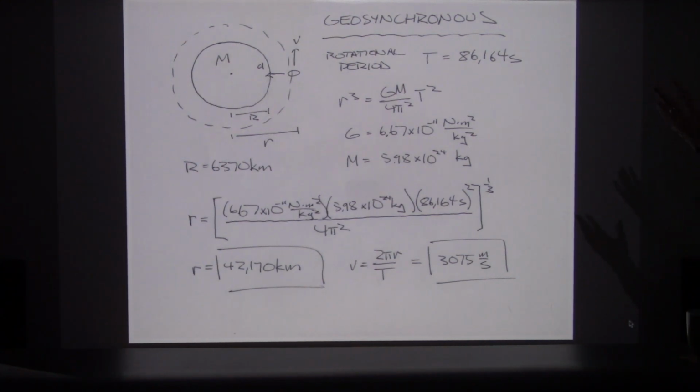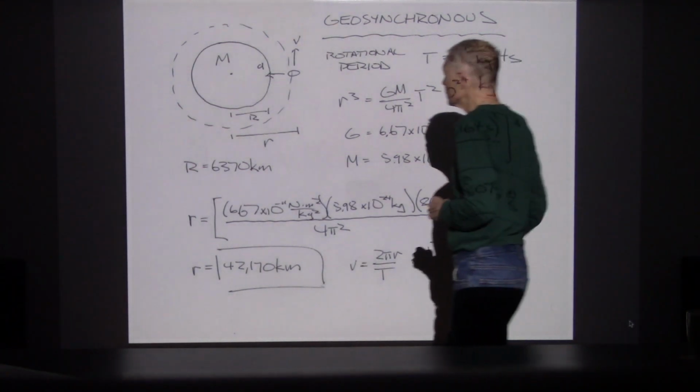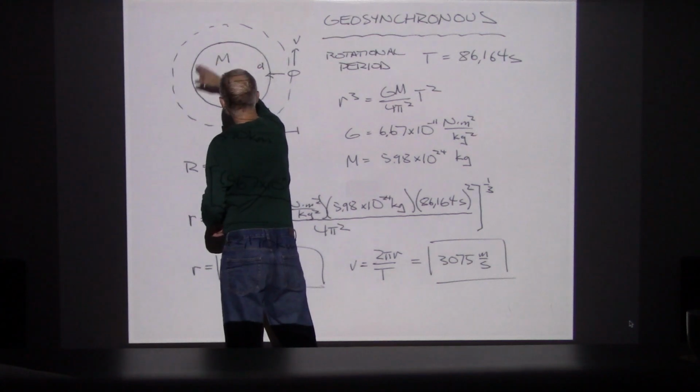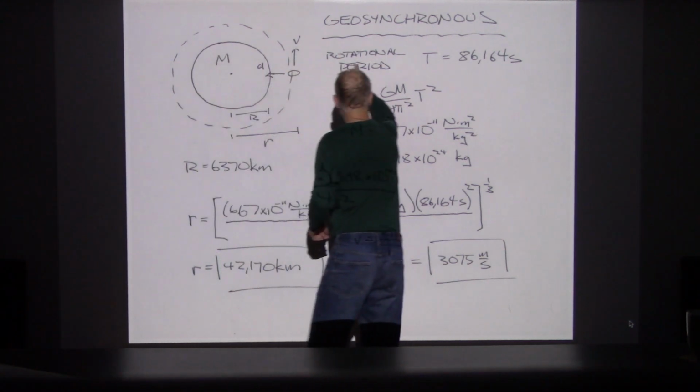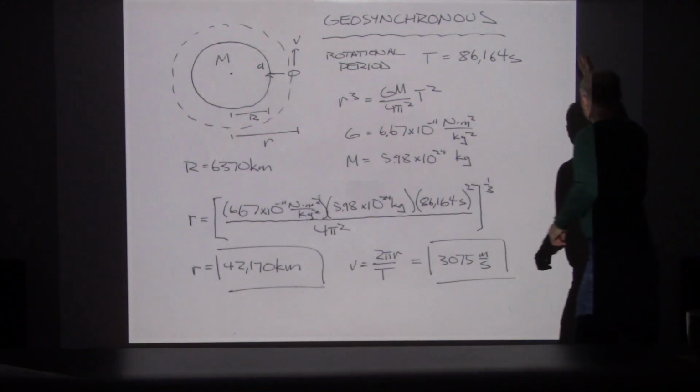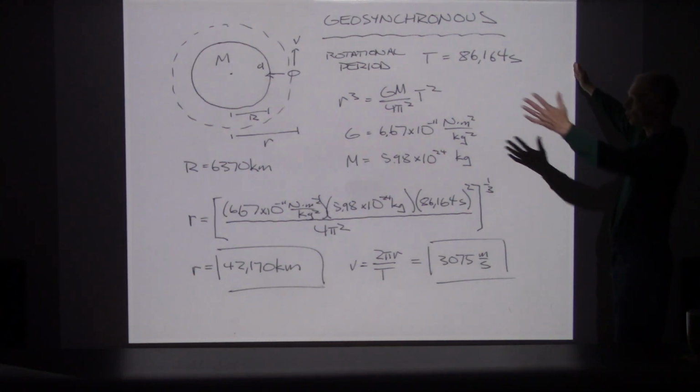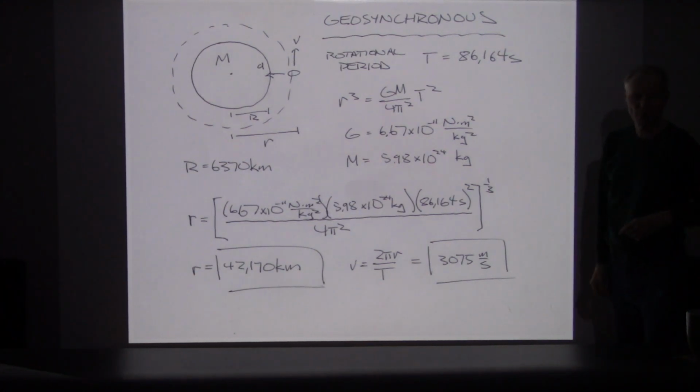So that's like 6 or 7 Earth radiuses from the center of the Earth. So this is not to scale. If the Earth is this size, the geosynchronous orbits would need to be out here somewhere, a great big circle going around the Earth.